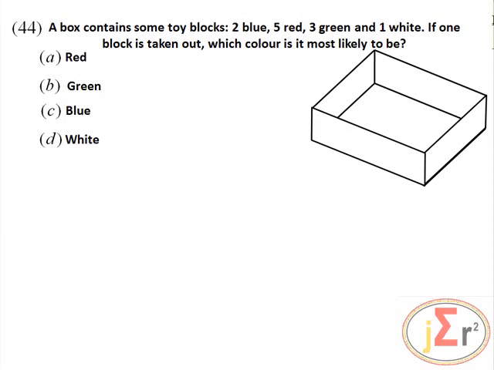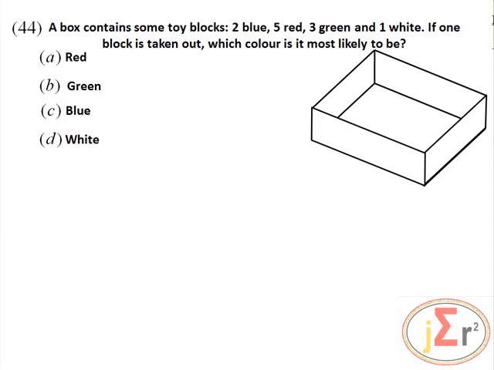So we have a box right there, and the toy blocks, well, we don't see any inside of there yet, but it should contain toy blocks, and we have the number of each block right there. And if one is taken out, which color is it most likely to be? So when you put your hand up, which one is the most likely one to come up?